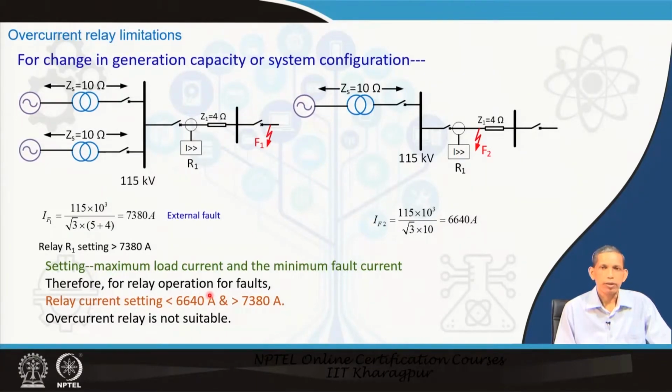Therefore, the relay current has to be greater than 7380 ampere. Let us say this is the end of the zone, but from this figure we see that this is adjacent to the relay and it should be less than 6640 ampere. So, this is contradictory. Therefore, the overcurrent relay principle cannot be applied in such a scenario.